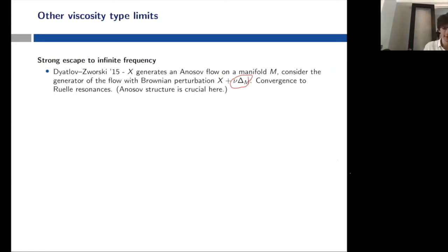And what they show is that as nu goes to 0, if you look at the spectrum of this X plus nu Laplacian, you get convergence to Ruelle resonances. So that's, again, some type of poles of a meromorphic continuation, either of a resolvent or some kind of zeta function.